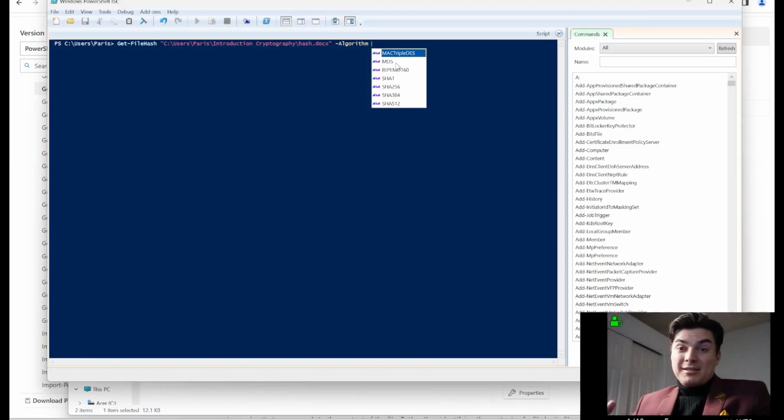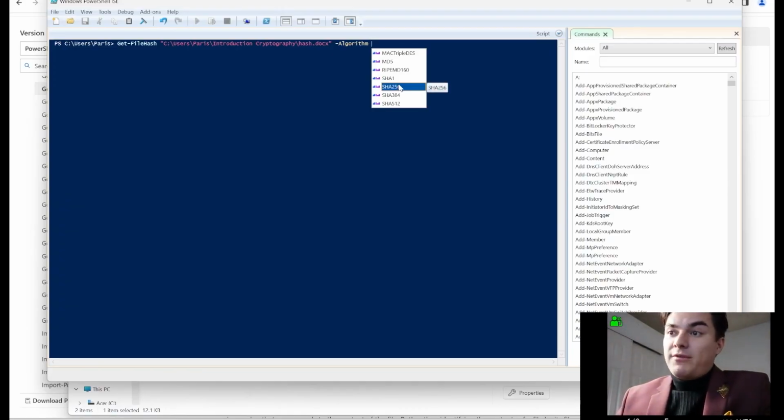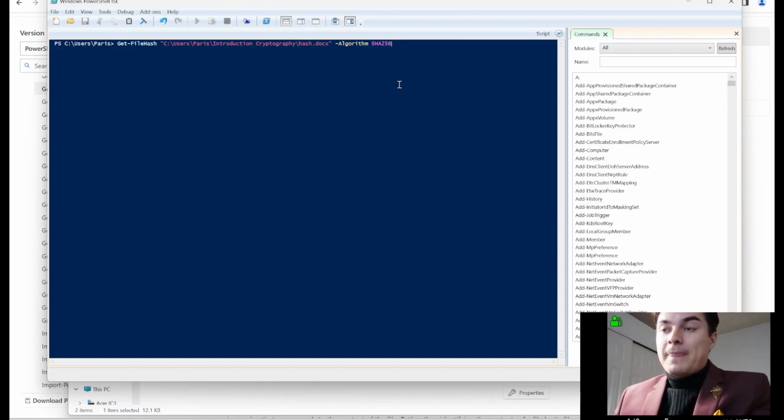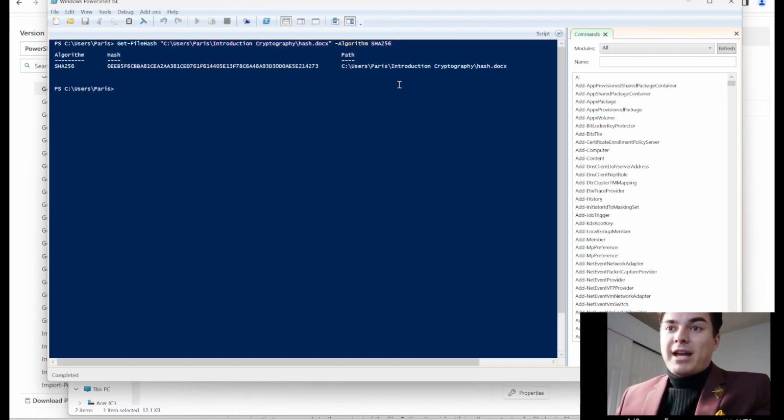In some places, let's say you're working in a hospital, they buy this really expensive $30 million machine, and they don't want to replace it. So you're just going to use older algorithms or operating systems, and that's why they still give you these options. In this case, we're going to pick SHA-256, tab that out, and get the hash of this file.